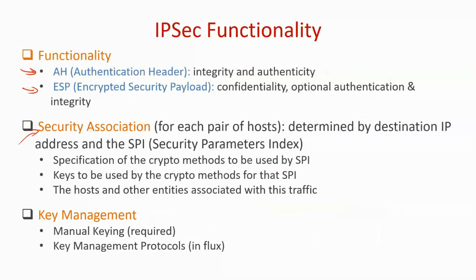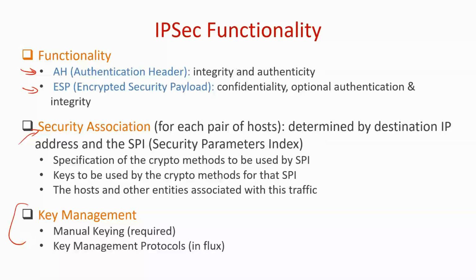However, a security association is one way, meaning that it is one device being able to tell another device the parameters that it will use for either the ESP protocol or the AH protocol. So the key management protocol that is part of IP security provides ways to establish a security association.